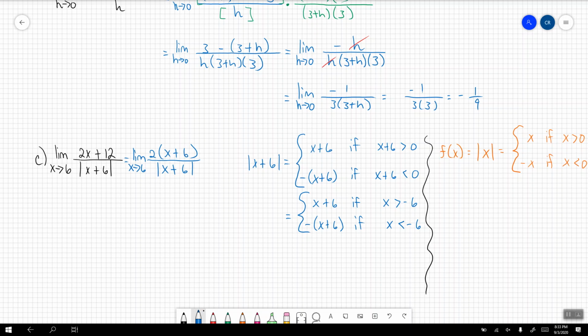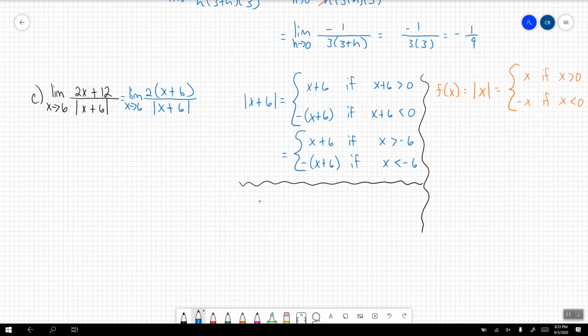Okay, so now I want to analyze this given function. That's a function I want to work with. Let's look at this just a little bit more. What I'm going to do now is create another function. This other function is going to have the numerator of x plus 6, and the denominator of the absolute value of x plus 6.